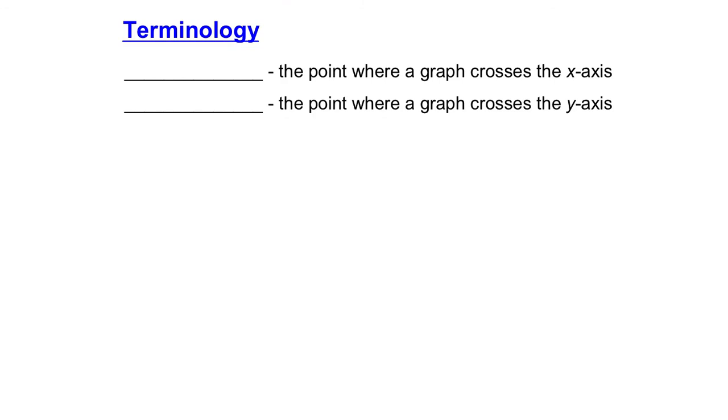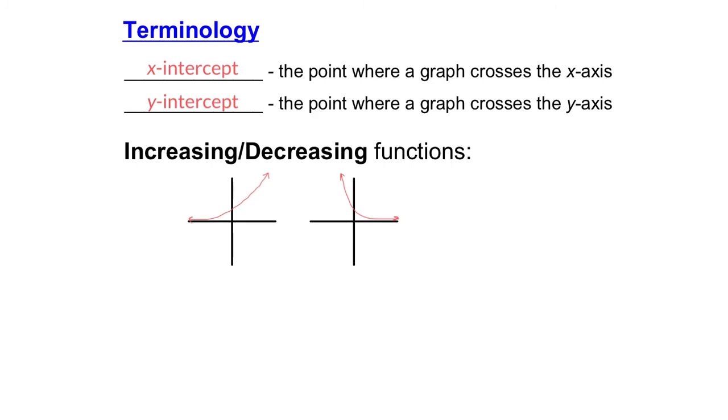So let's just start with some basic terminology when we're looking at functions. The point where a graph crosses the x-axis is the x-intercept, and the point where a graph crosses the y-axis is called the y-intercept. An exponential function is said to be increasing if its general shape looks like this.